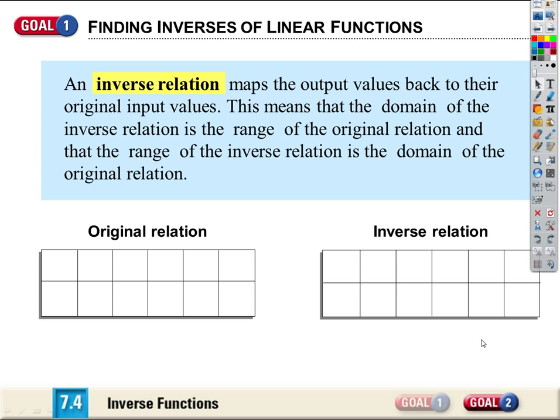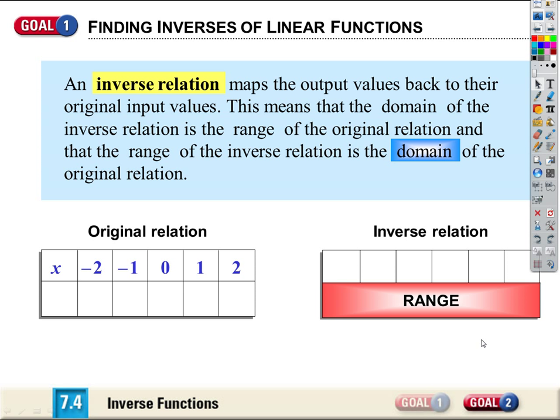Let's say we've got some relation where I've got a certain domain. X could have these values. And this is a discrete one. This is a little different than most of the ones we'll deal with. This is one where, instead of having a range of different possible values, x has only 5 discrete values. If that's the domain of the original, then the range of the inverse would be those same numbers, only they're y values, right?